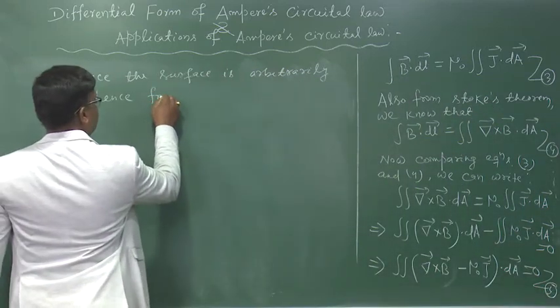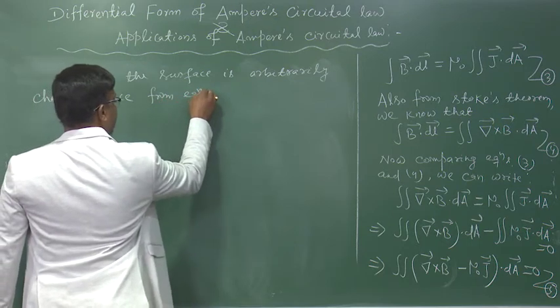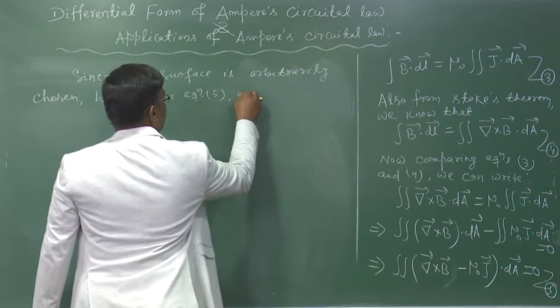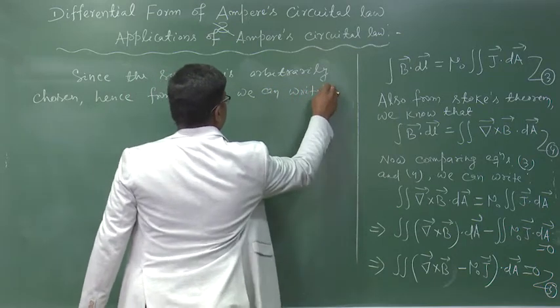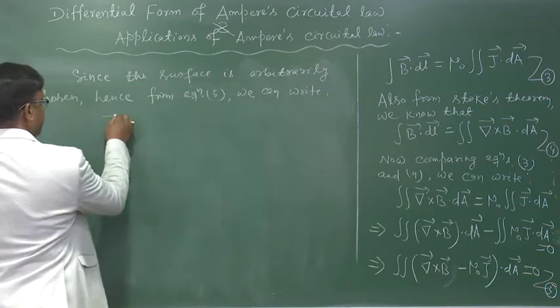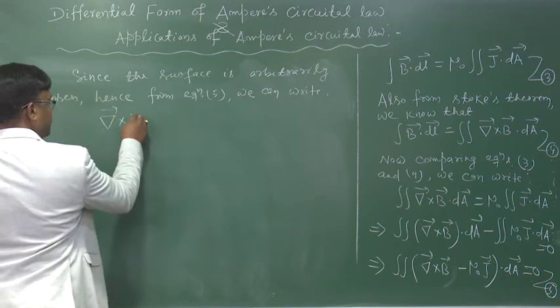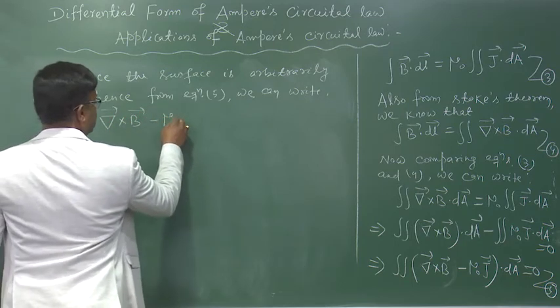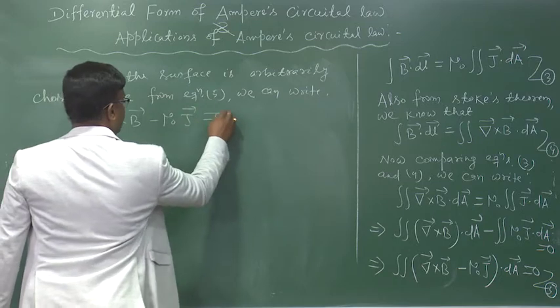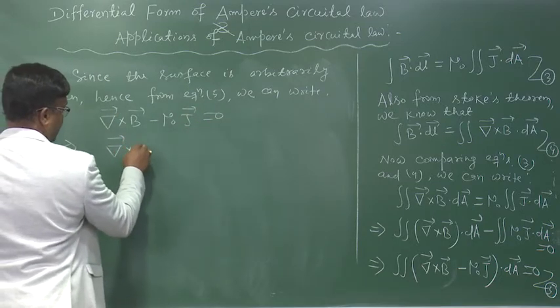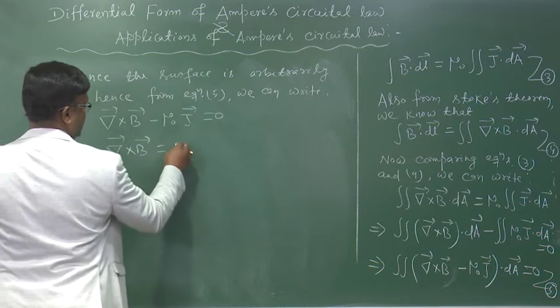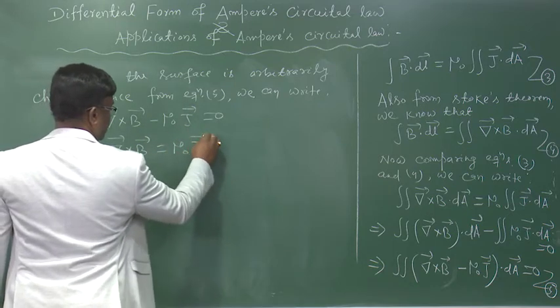Hence, from equation 5 we can write grad cross B minus mu 0 J equal to 0, which implies grad cross B equal to mu 0 J.